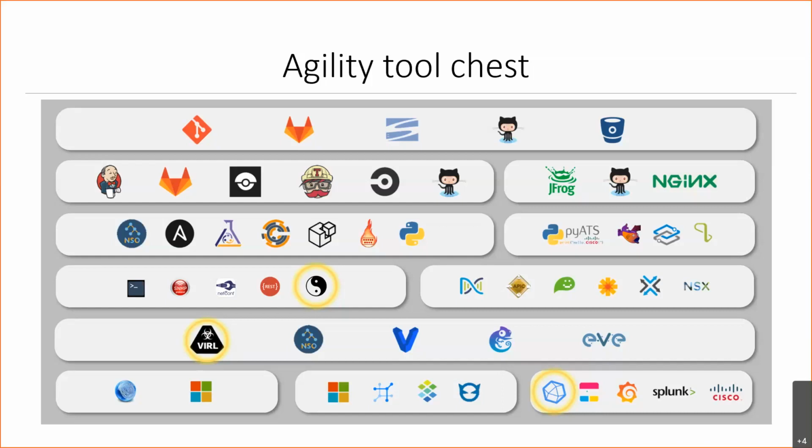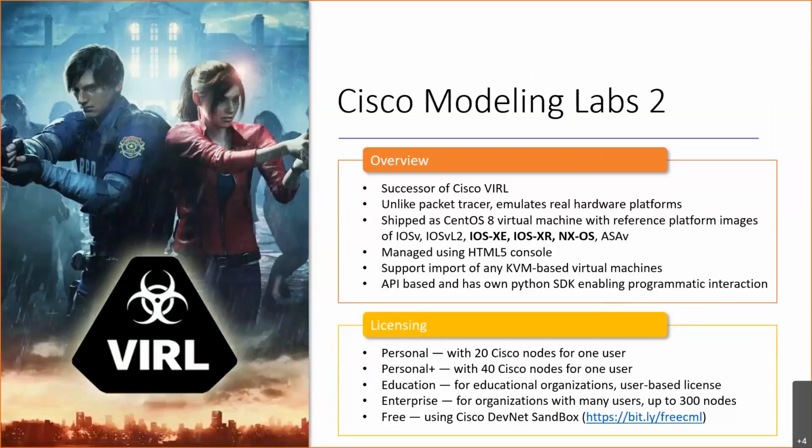If you missed yesterday's session, here is a brief overview of CML2. Just to clarify a couple of questions that we had yesterday, Cisco Modeling Labs is a commercial product, and currently it's not available for academies for free, unless you use it in DevNet Sandbox, where you can reserve a CML lab for up to 4 hours.